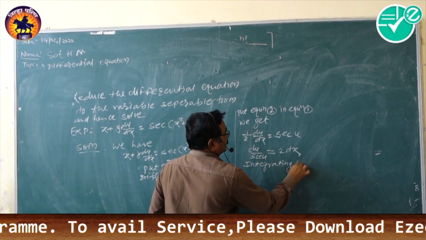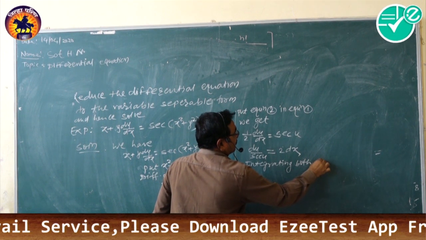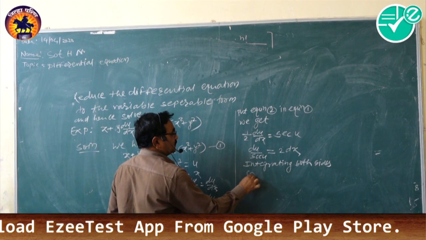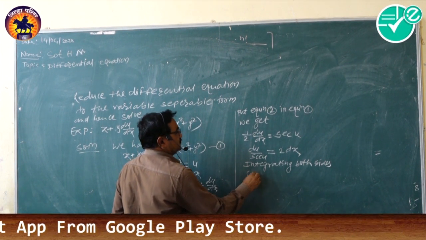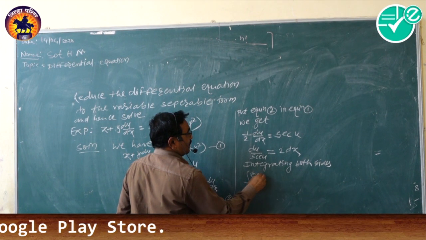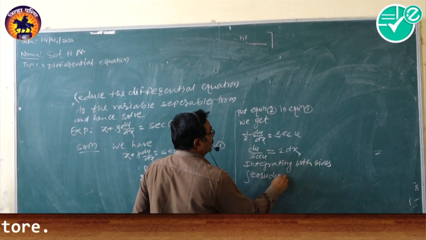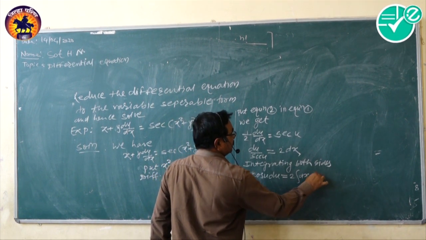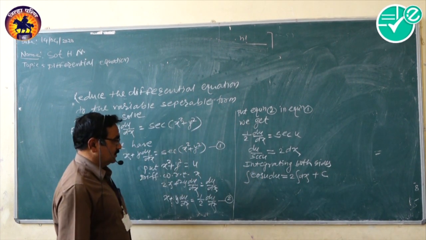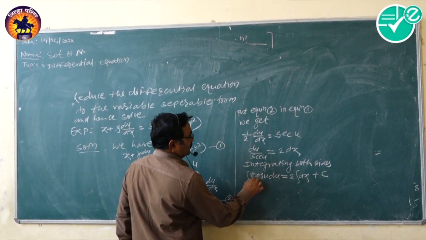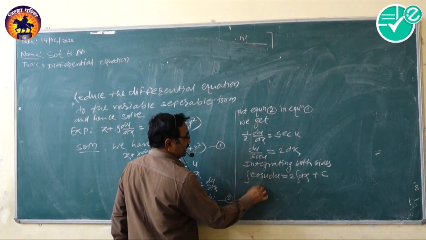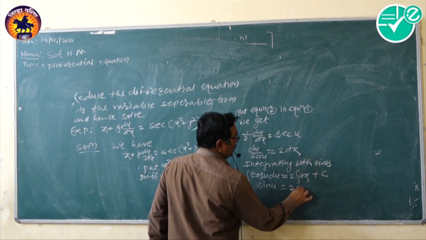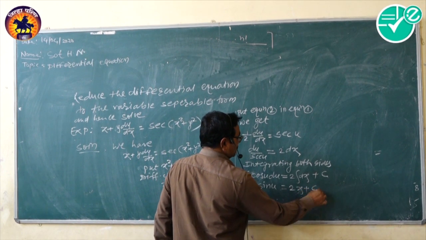Integrating both sides, the integration of cos u du is equal to 2 times the integration of dx plus c. The integration of cos u is sin u equal to 2x plus c.